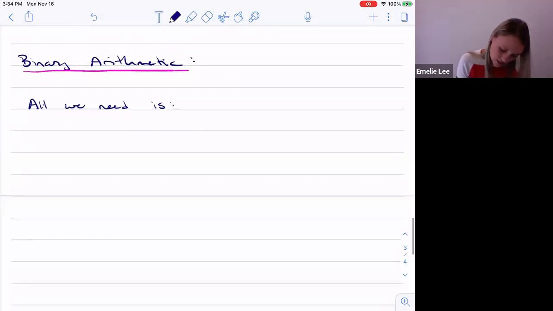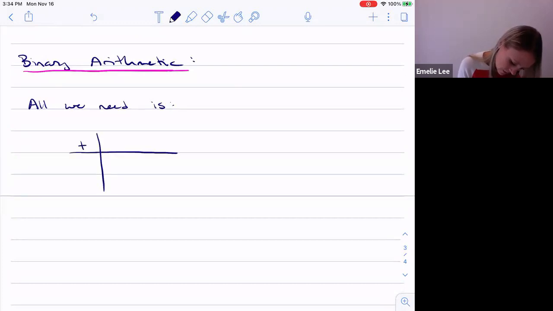So all we need is this. If we're adding either 0 or 1 to 0 or 1, here we have addition, and we could also do multiplication.